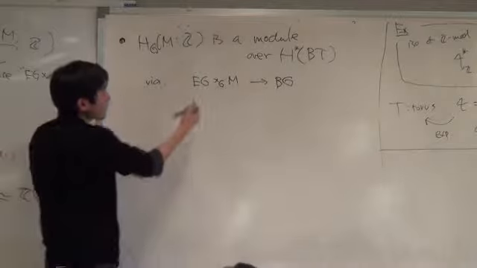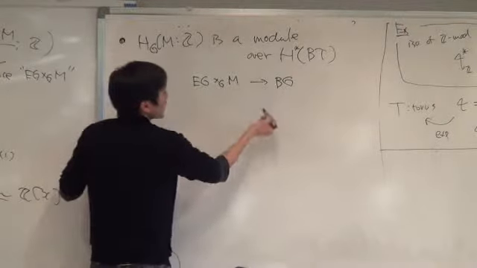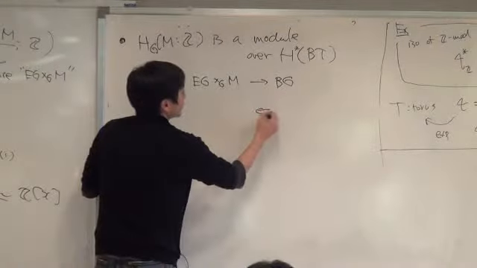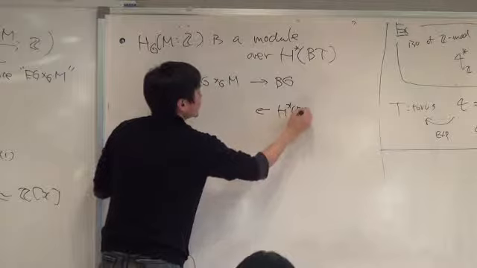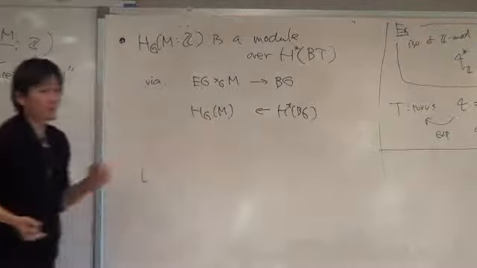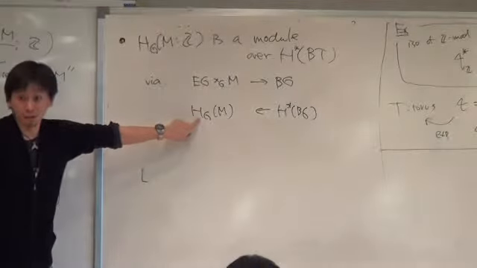So it's a projection to the first factor. It's a map to BG, and you can just use the pullback map. The pullback map goes from the cohomology of BG to the equivariant cohomology, and this map defines the module structure on the equivariant cohomology.